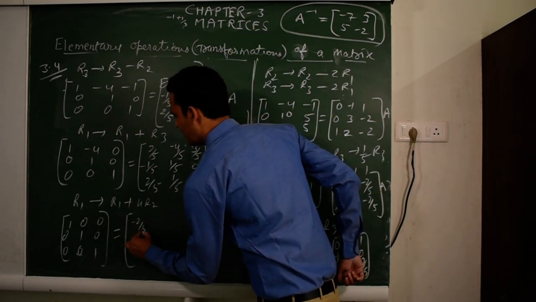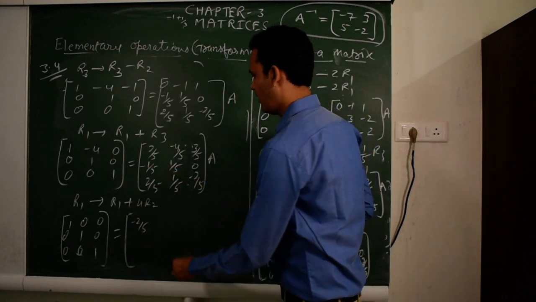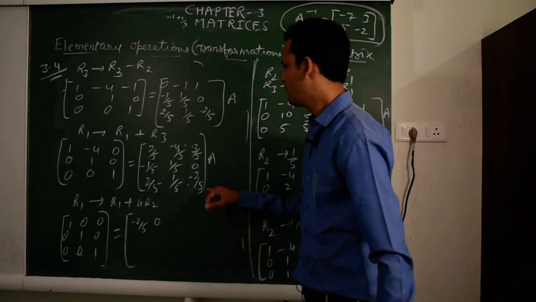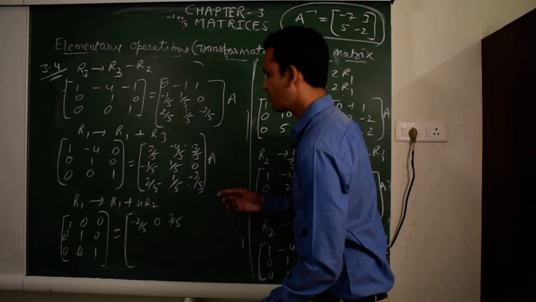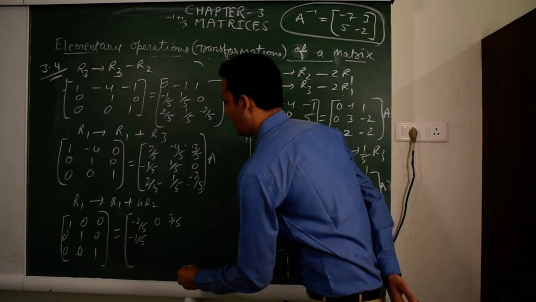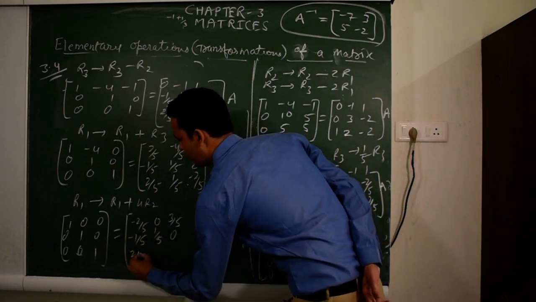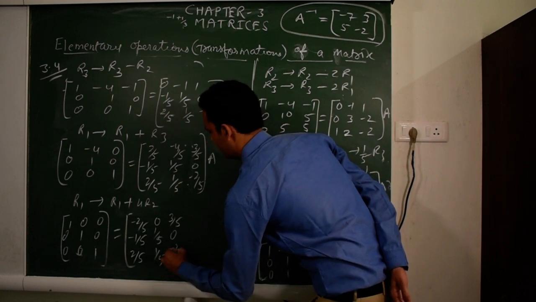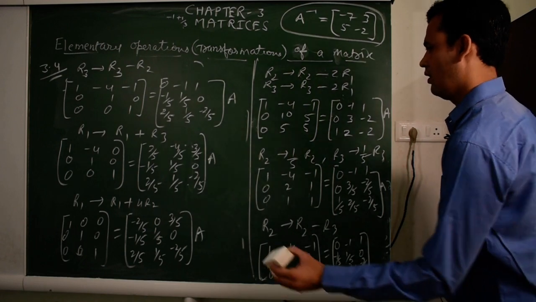So minus 2 by 5 minus 4 by 5 plus 4 by 5, it's 0. 3 by 5 plus 4 into 0, so 3 by 5, no change in any other element. So same elements, this is B.